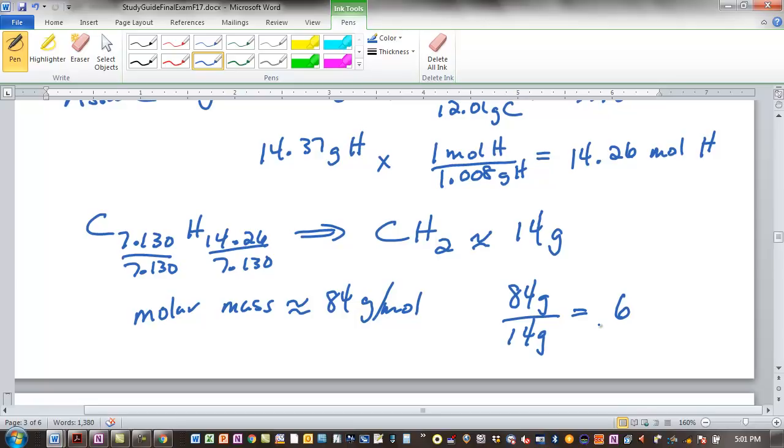So what does that tell us? That's what we multiply CH2 by. We multiply CH2 by 6 to get to the molecular formula. So there's our empirical. Our molecular is 6 times that, which will give us C6H12.